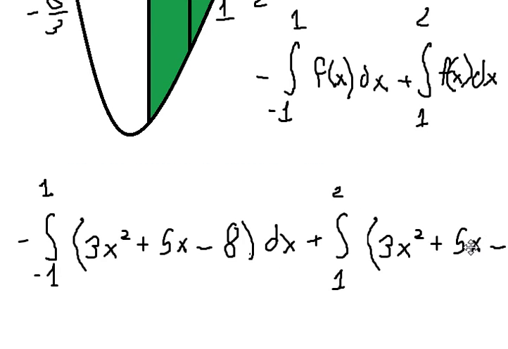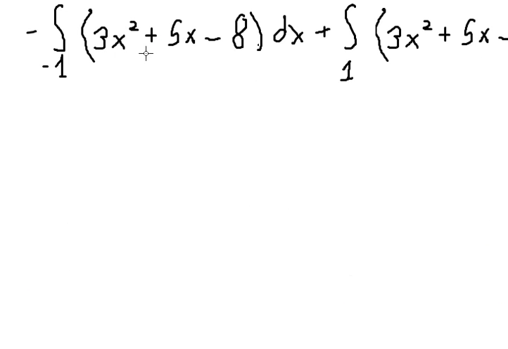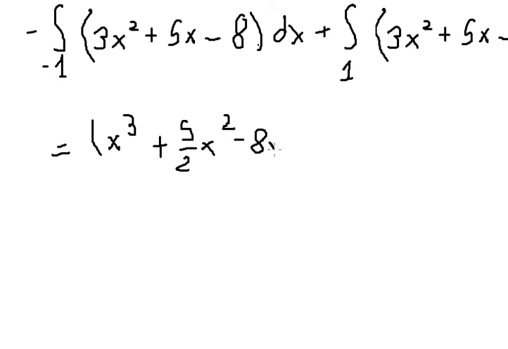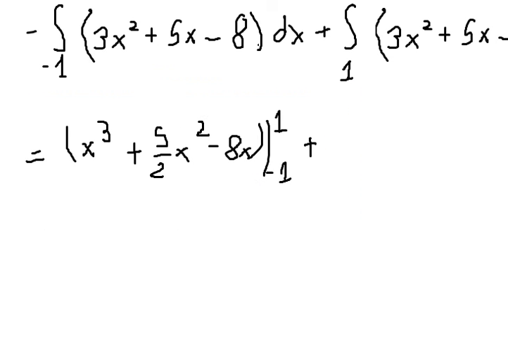We calculate this one. So you will get s to the power of 3 plus 5 over 2 s squared minus 8s. And we have the boundary from negative 1 to positive 1. Similar for this one. Don't forget about the negative sign here.